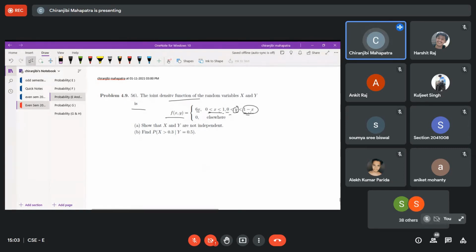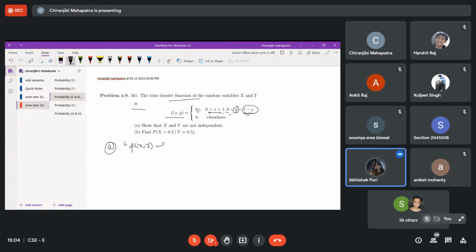So how do we solve this type of problem, and what will the range be? First of all, it is given that x and y are independent. How can we show that these two are independent? In order to show that they are independent, f of x, y should equal g of x into h of y.